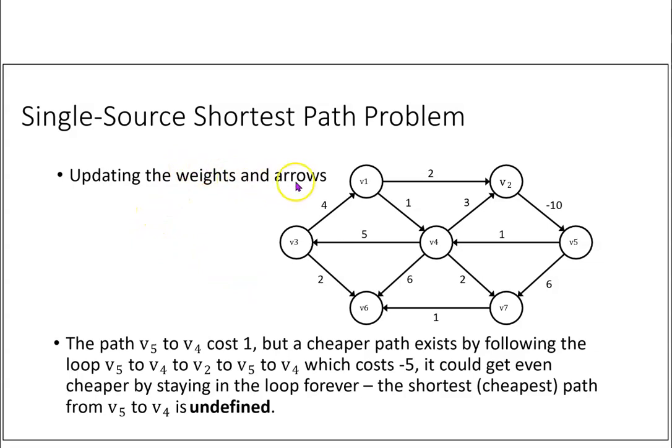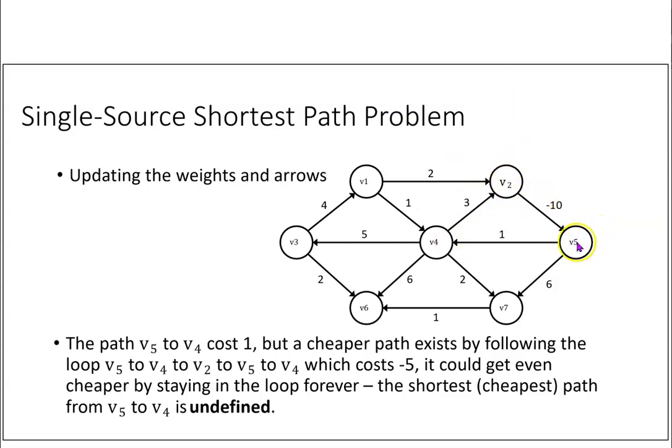So, if we update our weights and arrows a little bit, the path from V5 to V4 costs 1, but a cheaper path exists by following the loop V5 to V4, to V2, to V5. V5 to V4 is a 1. V4 to V2 would give us 4.